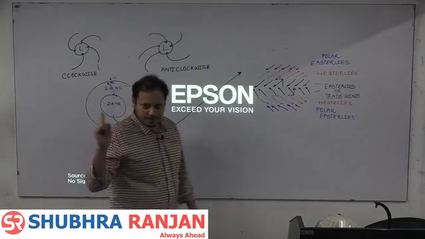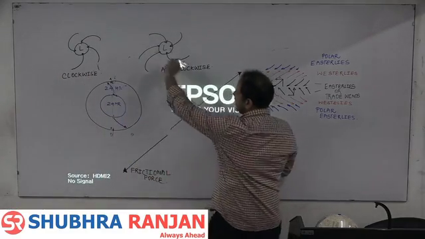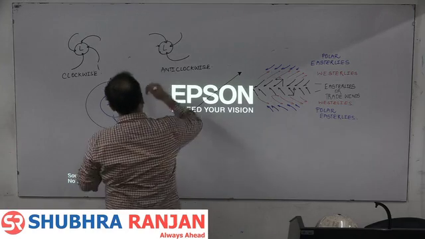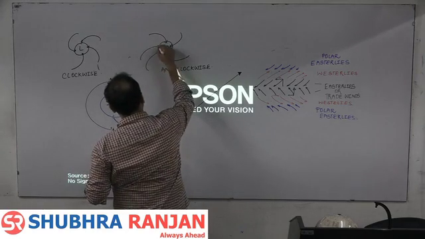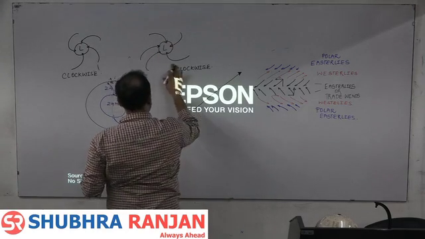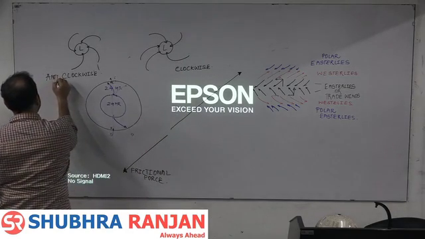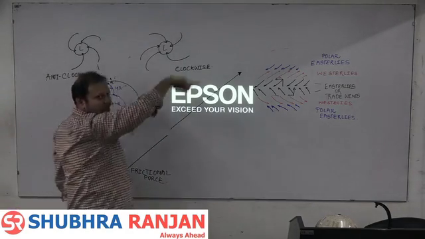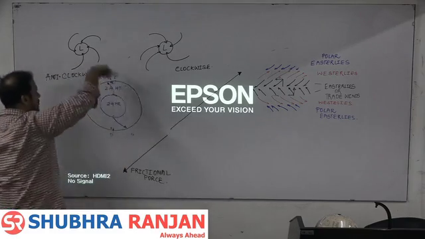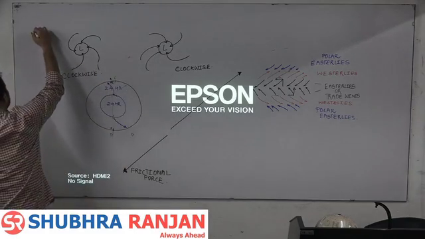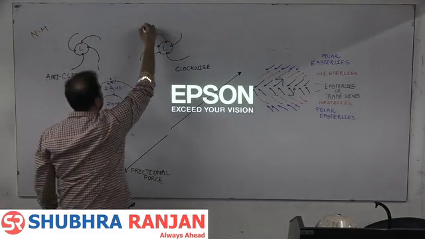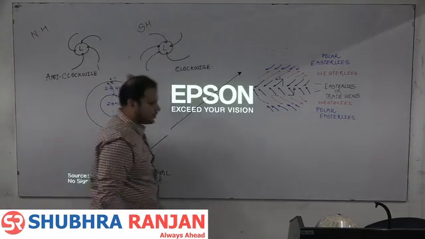Right? This is anti-clockwise, ऐसे घूम रहा है. Sorry, this is clockwise and this is anti-clockwise. ये ऐसे घूम रहा है and ये ऐसे घूम रहा है. This is in northern hemisphere. This is in southern hemisphere.